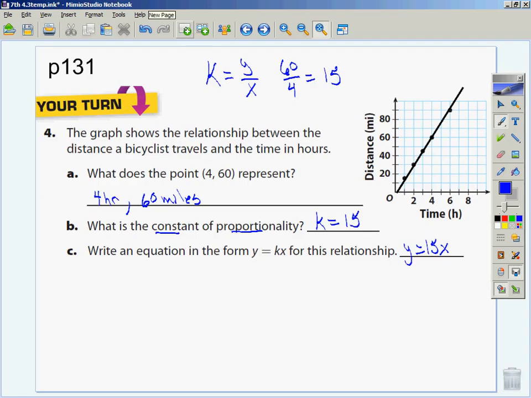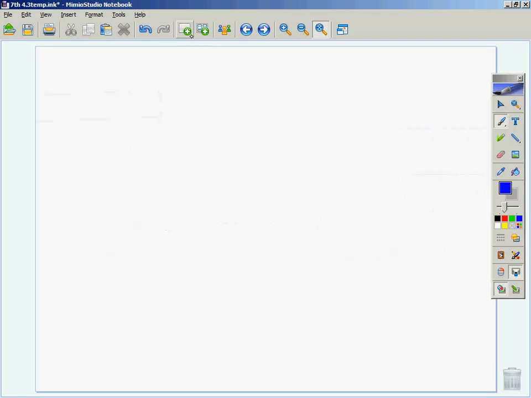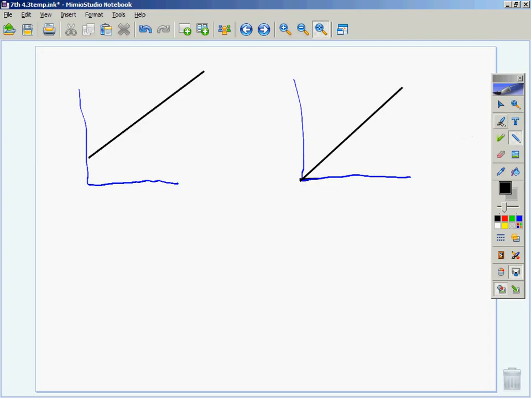Can I go to the next page? This you're not going to find on anything. I'm just going to ask you a couple quick questions. Proportional or not?